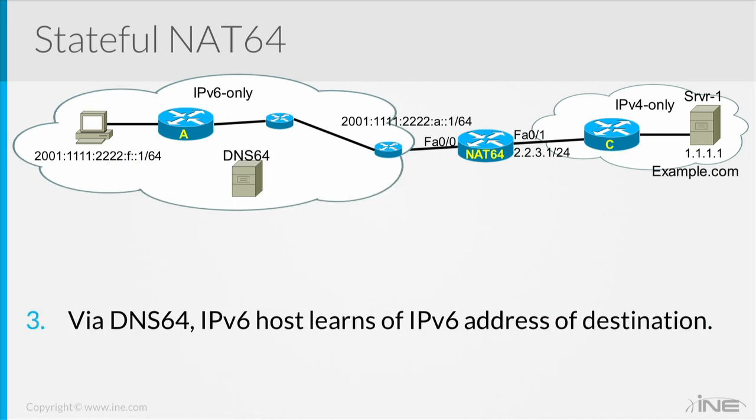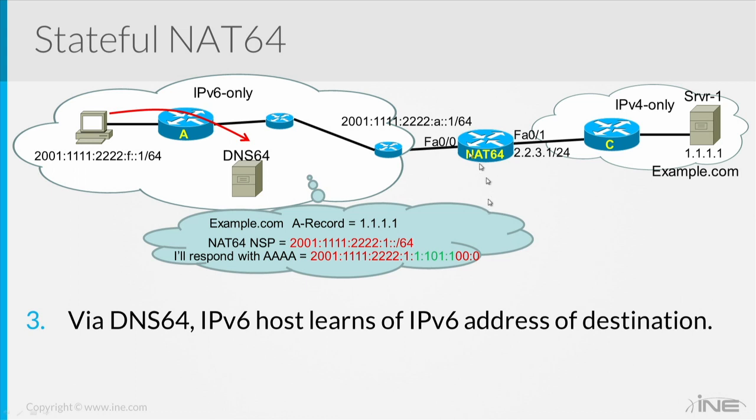Via DNS64, this is no different. The host says, hey, give me the quad A record, the IPv6 record, for example.com. Well, example.com doesn't have a quad A record. It's IPv4 only. So the DNS64 says, okay, I was only able to find 1.1.1.1.